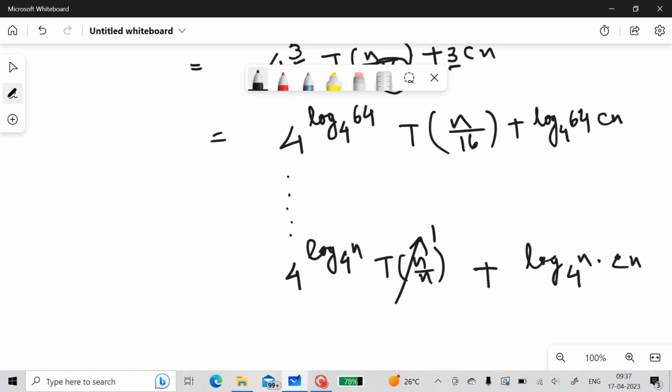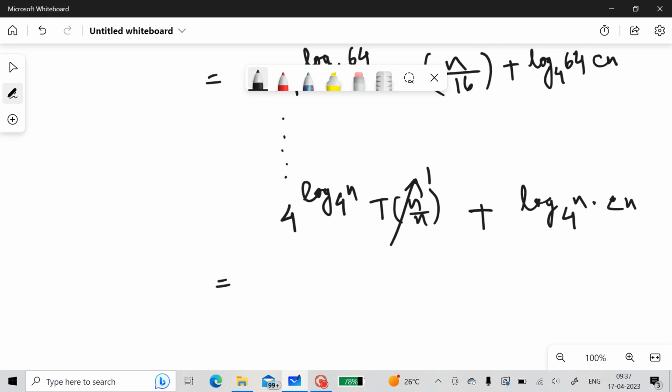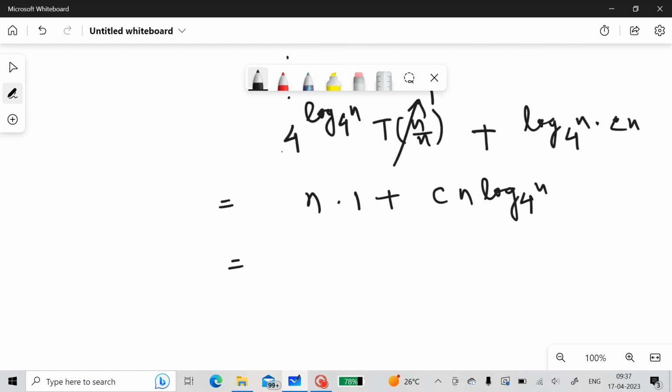Now 4 power log n base 4 will be n, times 1, and here you are getting cn log n base 4. If you watch my previous lectures, from this expression you can conclude that this time complexity will be big O of n log n base 4.